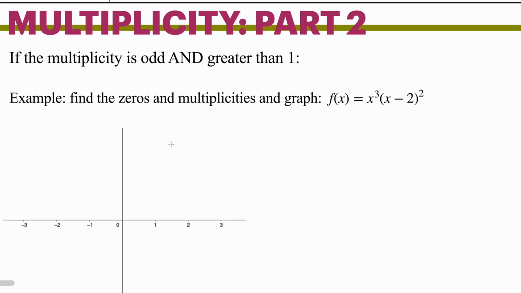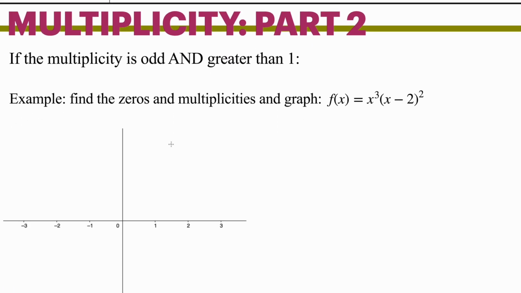Now, there are actually a different type of multiplicity. If the multiplicity is odd and greater than 1, meaning an x cubed, an x to the 5th, or so forth, then it is actually going to look a little different. So for example, here, it is odd so it's going to cross through the graph.